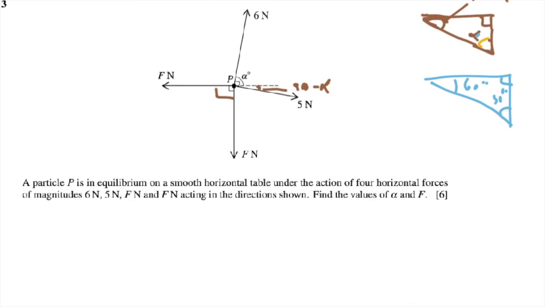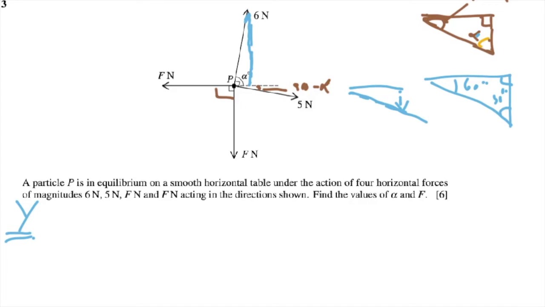I'm going to resolve along the y-axis. If I do that, you have one force over here acting downward, so you have y over there and another y over here.